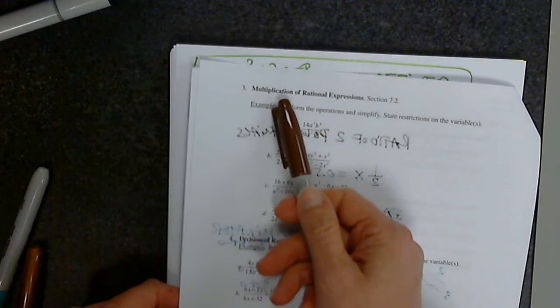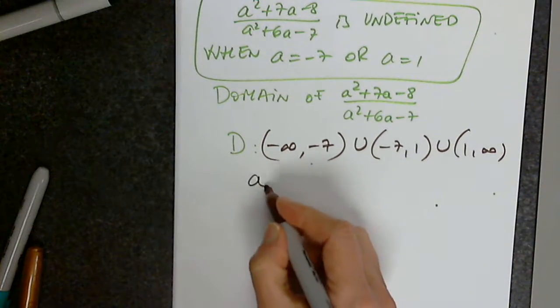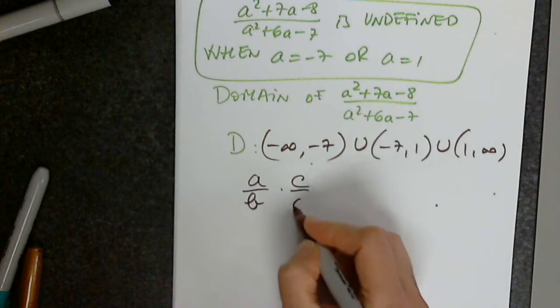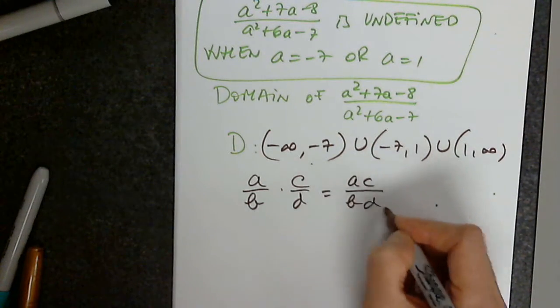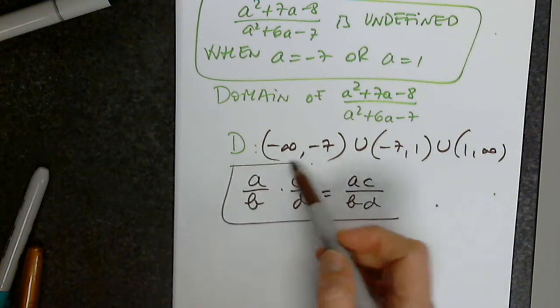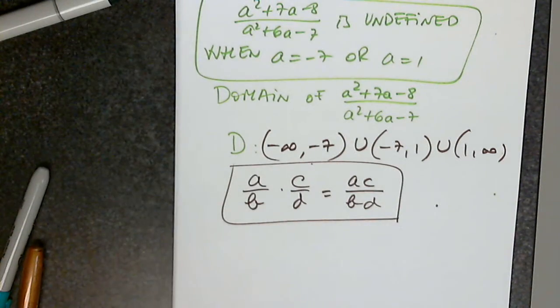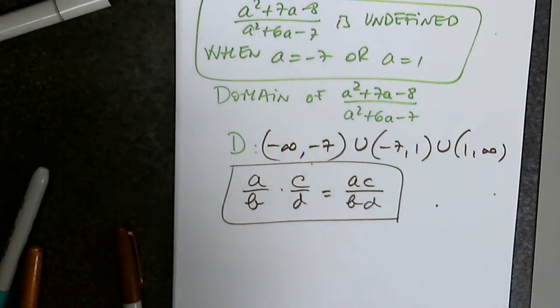Okay, we are talking about multiplication. The same procedure of multiplying. So a over b times c over d is the same as ac over bd. We are going to apply the same procedure for rational expressions. This was multiplication of numbers, and it's the same property for multiplying rational expressions.